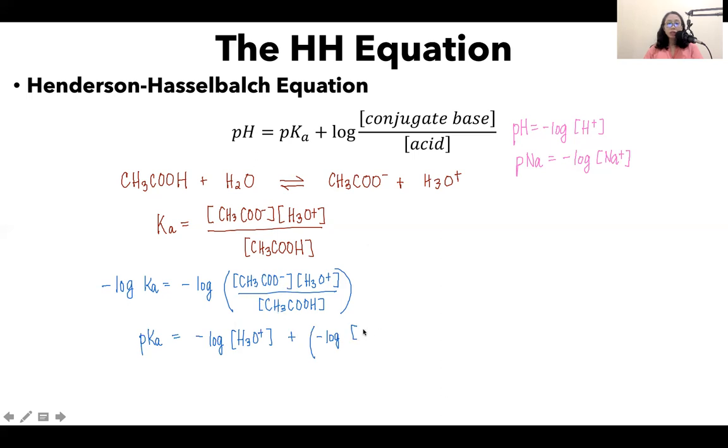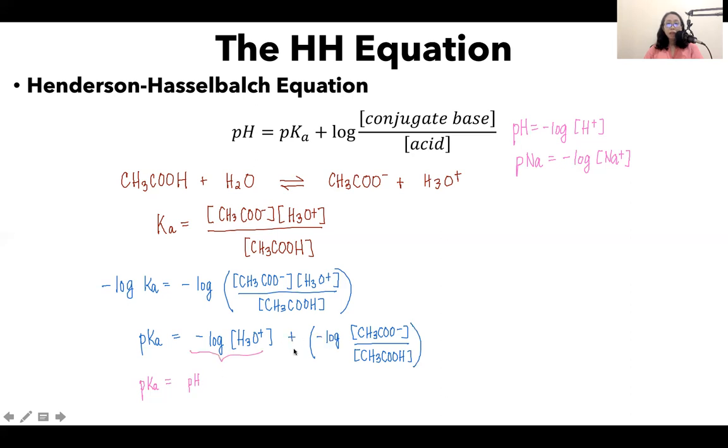So that's negative logarithm of the concentration of acetate over the concentration of acetic acid. Now, what is negative logarithm of the concentration of hydronium ion? This is also pH, right? So H3O plus is just H plus with a water attached to it. And basically, these two are the same. So this one became pH.